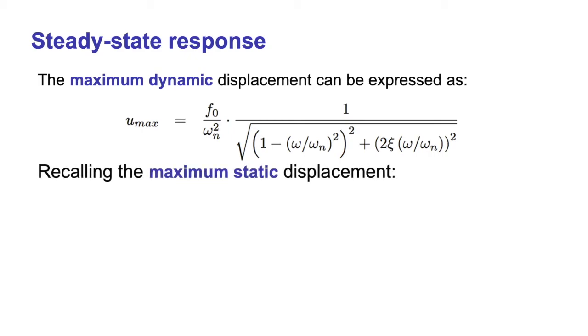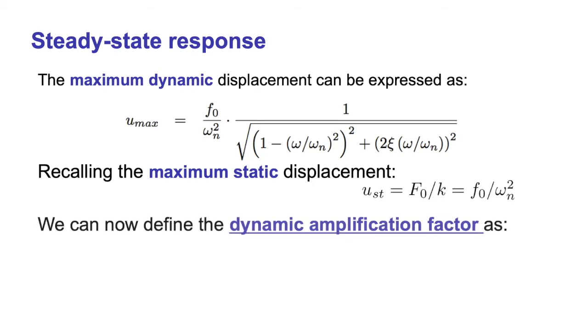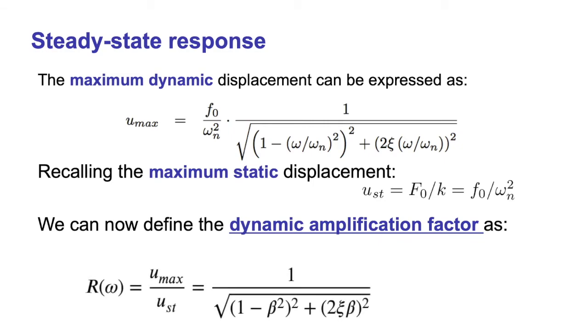Recalling that the maximum static displacement is equal to the magnitude of the force big F over k, we can now define a dynamic amplification factor R as the ratio between the dynamic displacement amplitude Umax and the static displacement Ust, where beta, as mentioned before, is the tuning ratio between the forcing frequency omega and the natural circular frequency omega sub n.